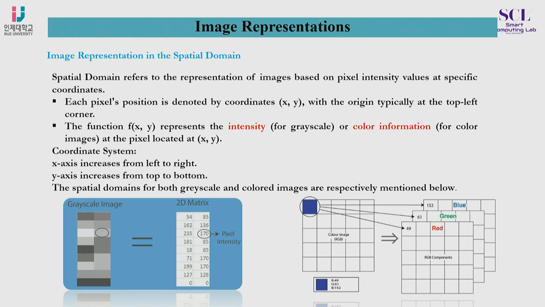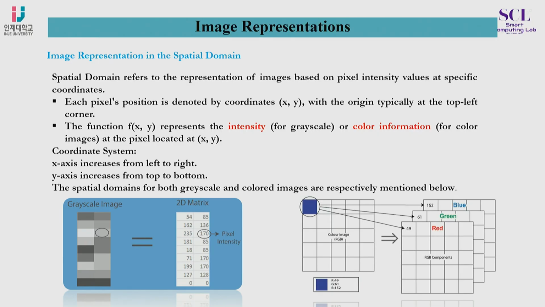And this is for a grayscale image. For example, the pixel value for this area is 235, and the pixel value for this area is a little bit gray, and this is white, and this is gray, so they have different values.